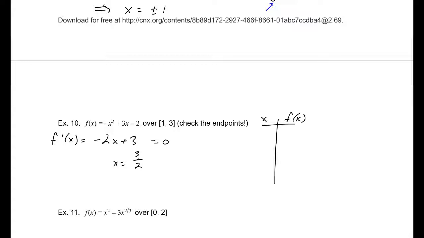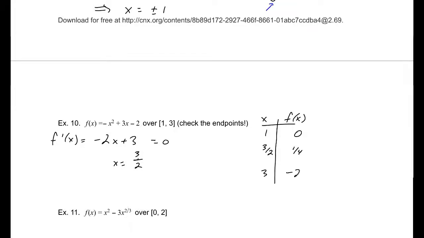All right, -x squared plus 3x minus 2. So evaluating at the points 1, 3 over 2, and 3, where 1 and 3 are endpoints. Evaluating at 1, we have a value of 0. At 3 over 2, we have 1/4. And at 3, we have a value of -2.